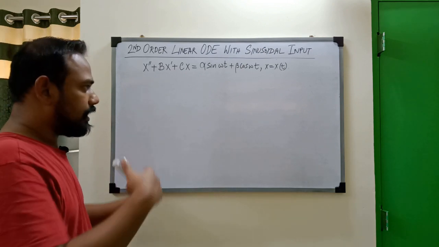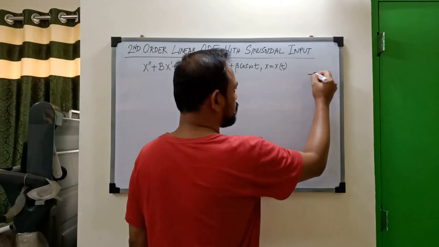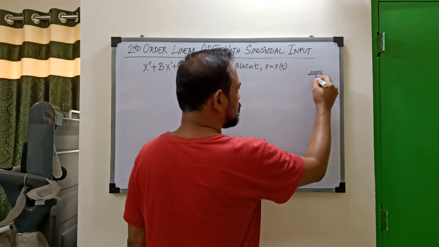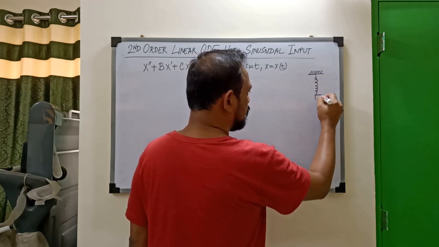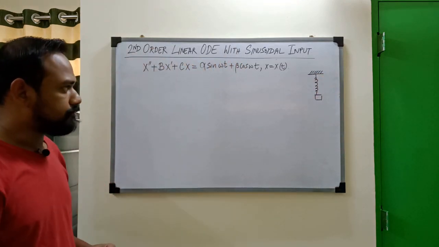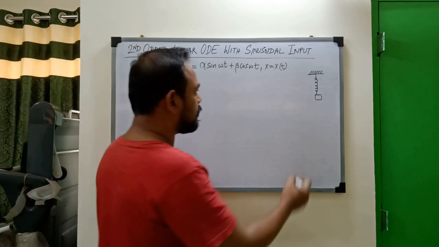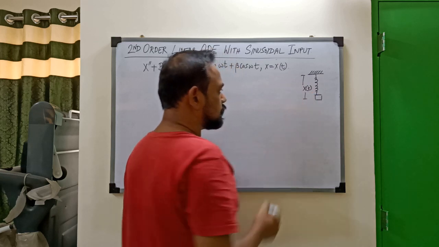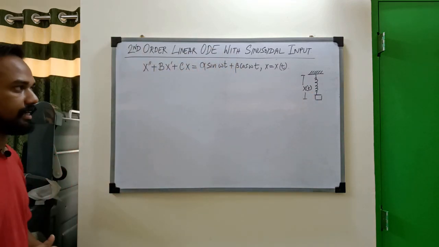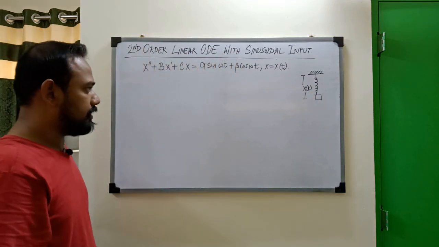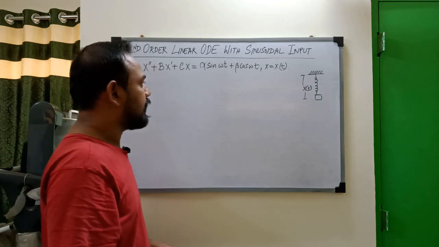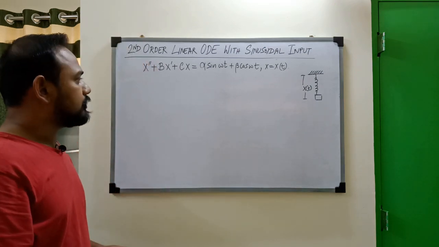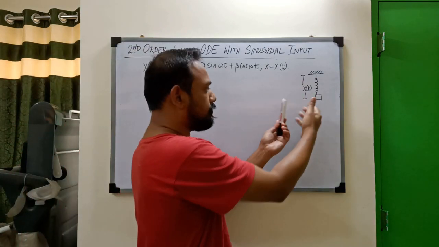As usual, you can always refer to the model on which we built this theory: a body being suspended from a ceiling by a spring, where at any point of time the displacement of the body from the ceiling is x of t.